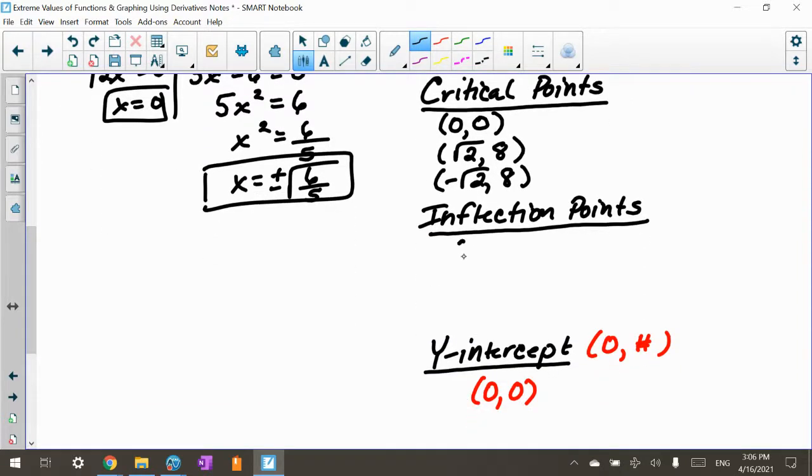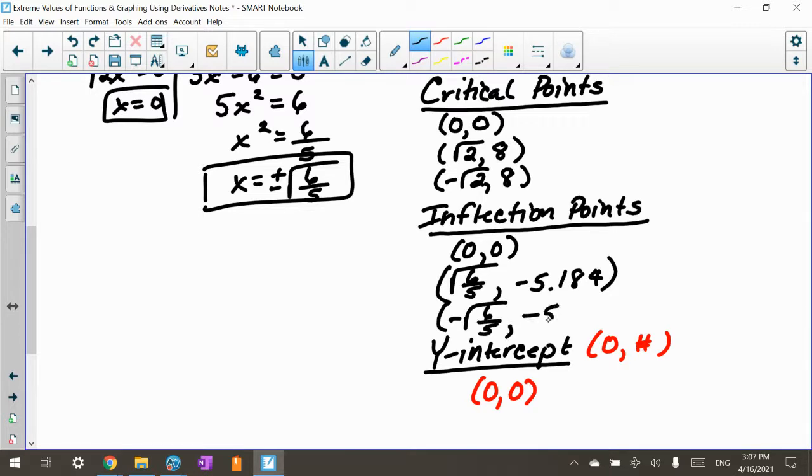My inflection points are going to be 0, 0, and positive radical 6/5. When I put that in my calculator, I get a beautiful number, negative 5.184. And when I put a negative radical 6/5 in there, I get the same, negative 5.184. So I have my 3 inflection points.